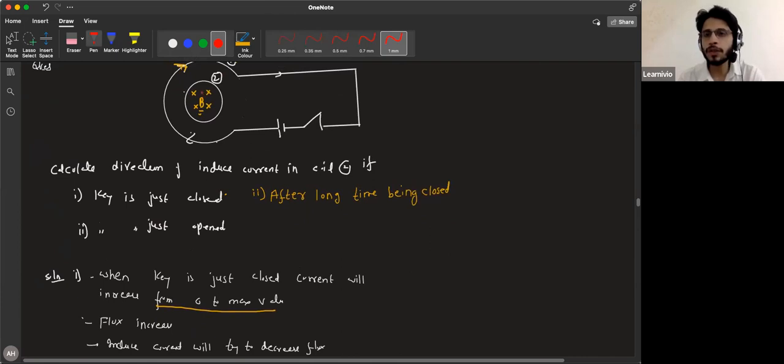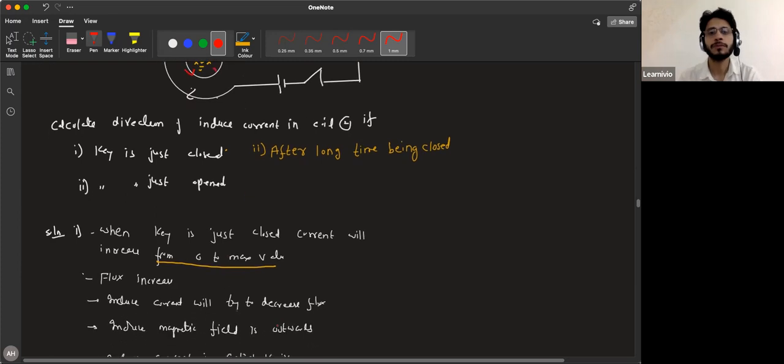So what will be the direction of induced magnetic field here? Akshay, what should be the direction of induced magnetic field in this case? It will be opposite. So inwards or outwards? Outwards. So induced magnetic field will be outwards, so induced current will be anti-clockwise. Yes, sir, I have sent the answer.